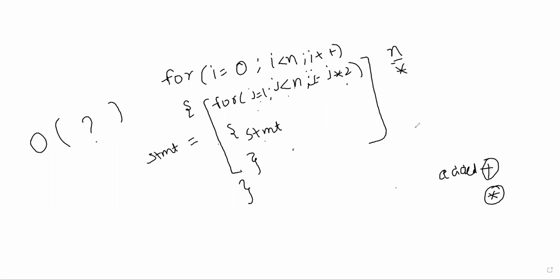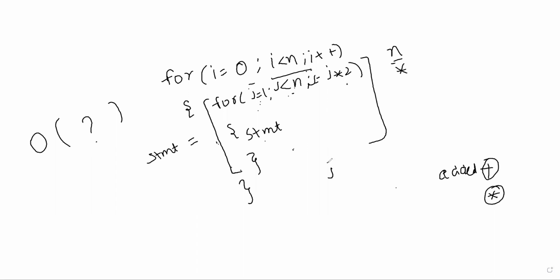What is the time complexity of this? What is the time complexity of the statement block, this entire one? How often does it run? j equals 1, j less than n, j times 2.